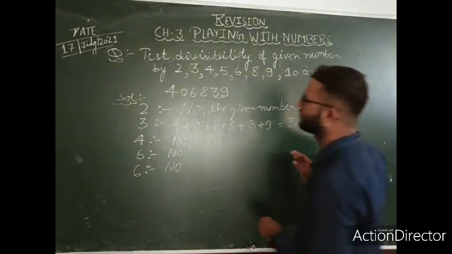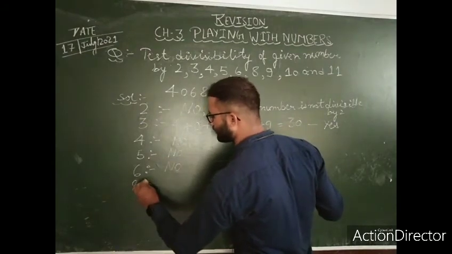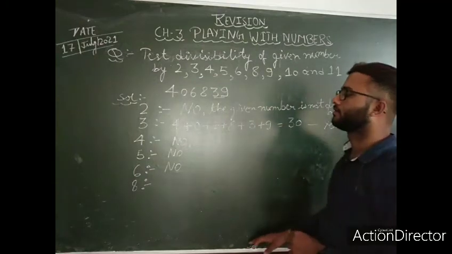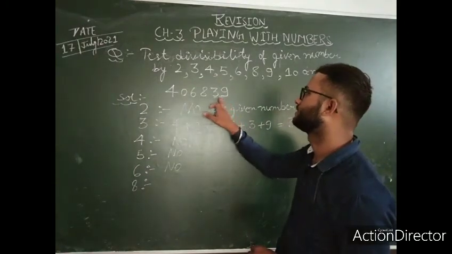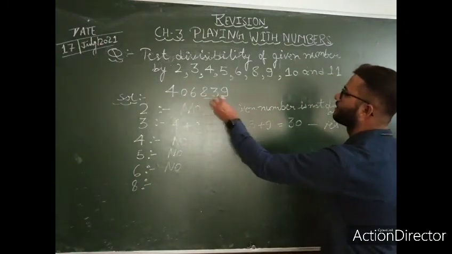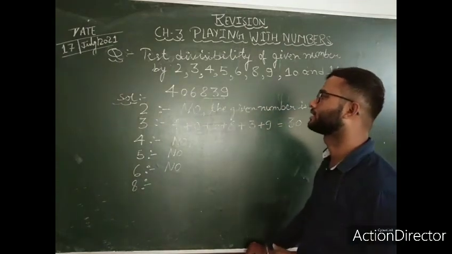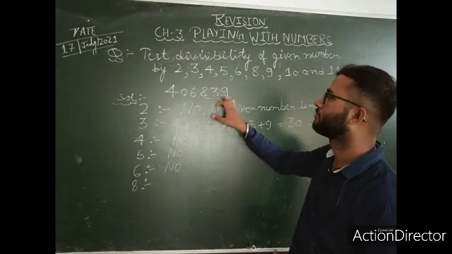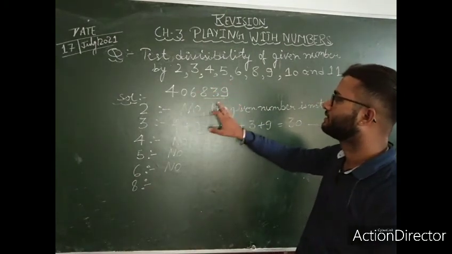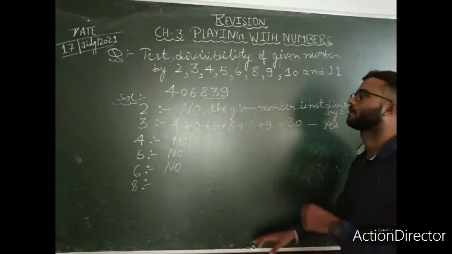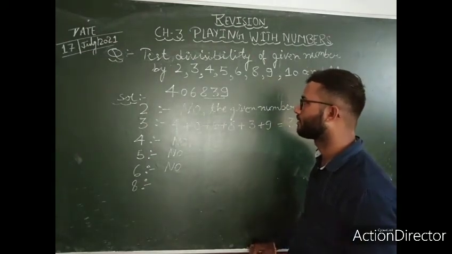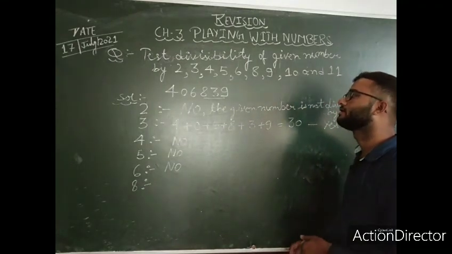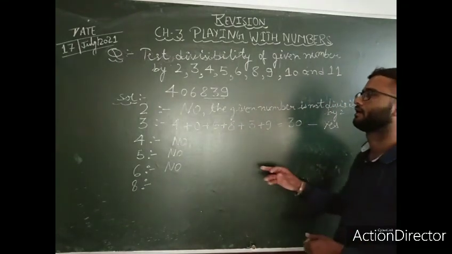Okay, now we test divisibility by 8. The divisibility rule of 8 says that if we take the last 3 digits, the digit in the hundreds place, tens place and ones place, and form a number, and the number formed by these 3 digits is divisible by 8, then the whole number is divisible by 8. 839 is not divisible by 8.